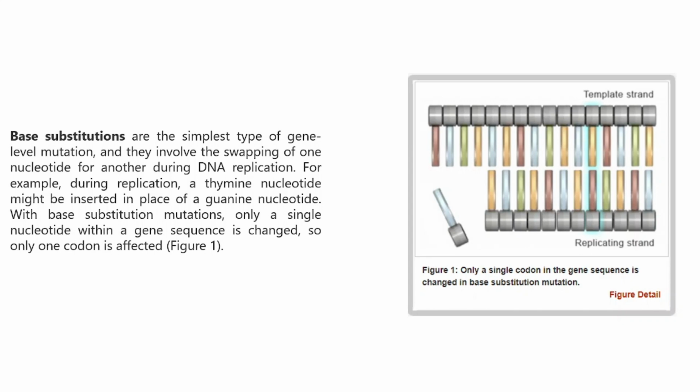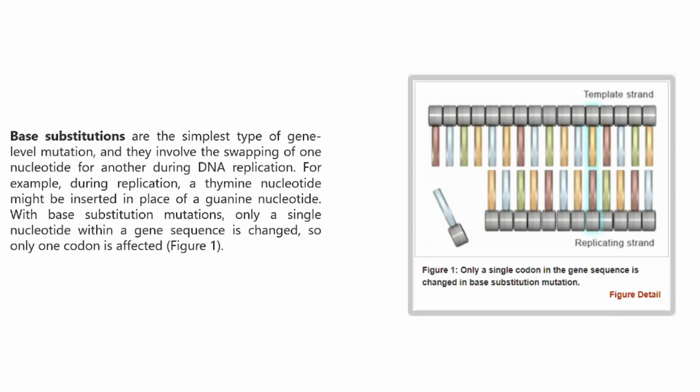So the first type is base substitution, which is shown here. This is the simplest type of gene level mutation, and it involves the swapping of only one nucleotide for another during DNA replication. For example, during replication, a thymine nucleotide might be inserted in the place of a guanine nucleotide. With base substitution mutations, only a single nucleotide within a gene sequence is changed.